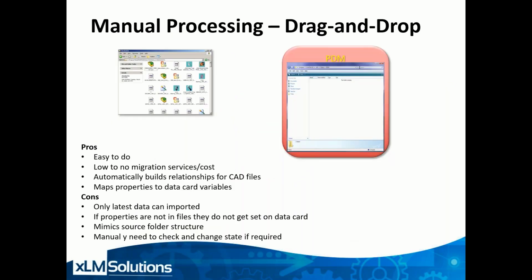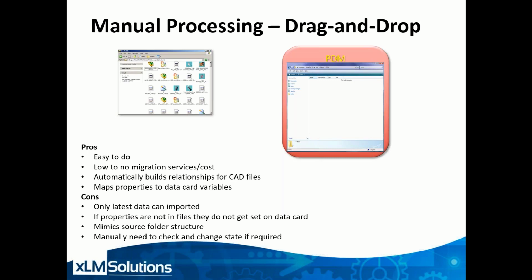So let's talk about some different ways we can migrate data into PDM. The first one that we talk about is simply manually dragging and dropping files from a network folder structure into PDM. And it's very easy to do. There's very low to no migration or service cost.